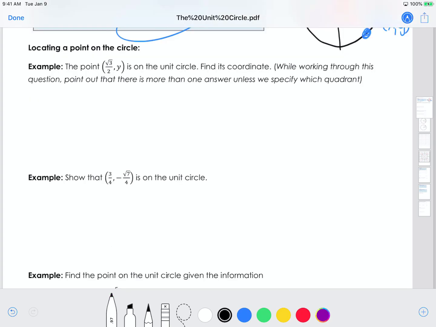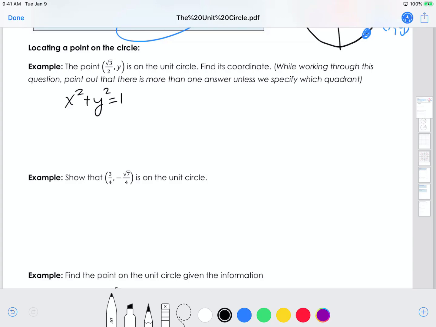In the first example, we're given an ordered pair that is on the unit circle. We're given the first coordinate, which is the x value, the square root of 3 over 2. And we need to find the value of y. And we know that it's supposed to sit on the unit circle. That's given to us. So it needs to satisfy the equation x squared plus y squared is equal to 1.